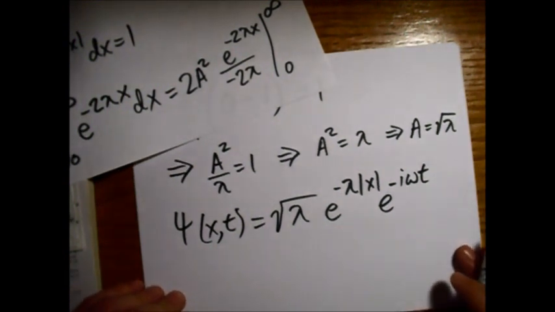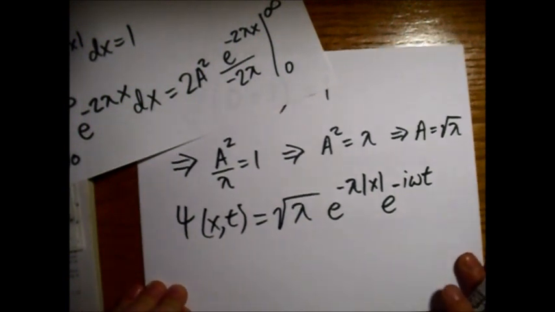So part B says determine the expectation values of x and x squared.